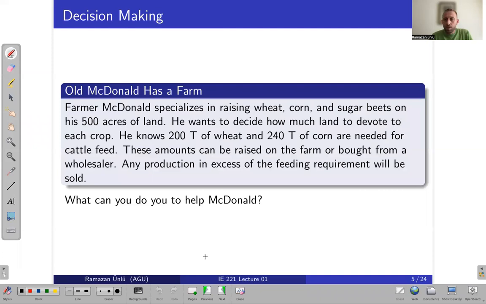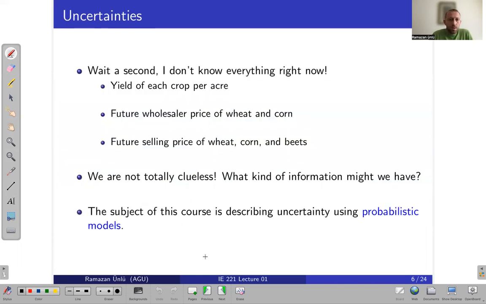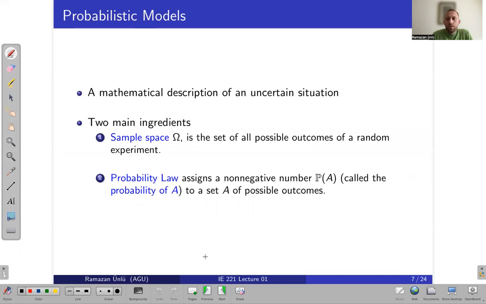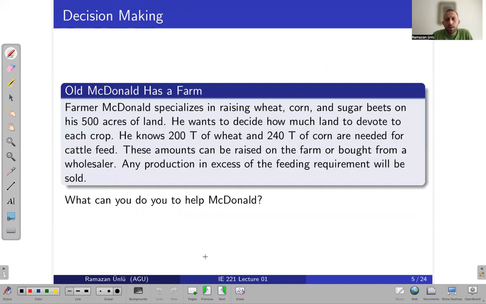As we proceed, we will look at other terminologies. First we will look at this problem, and then we will continue with the sample space omega and the probability law.